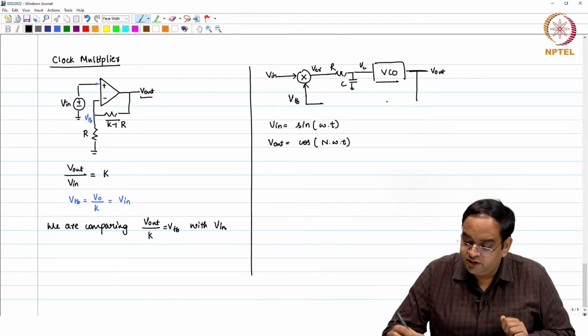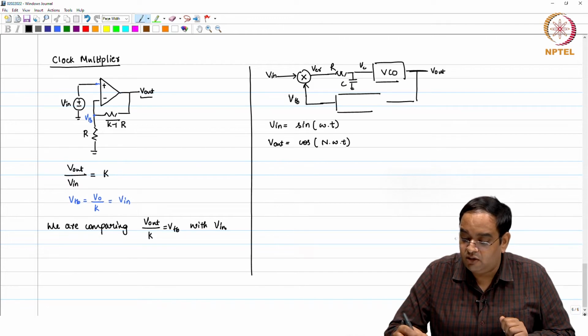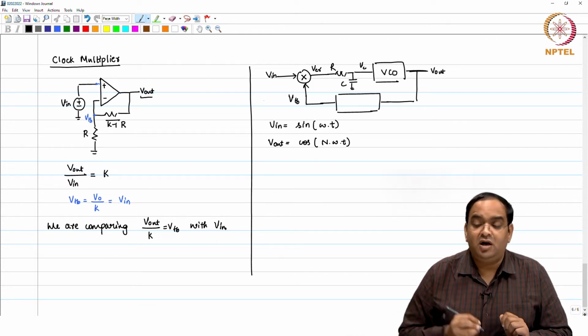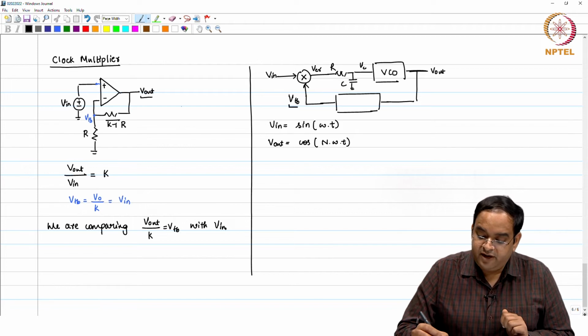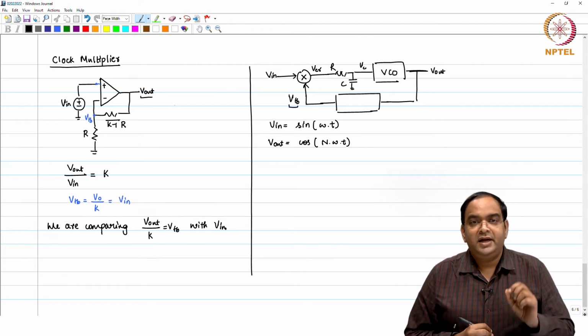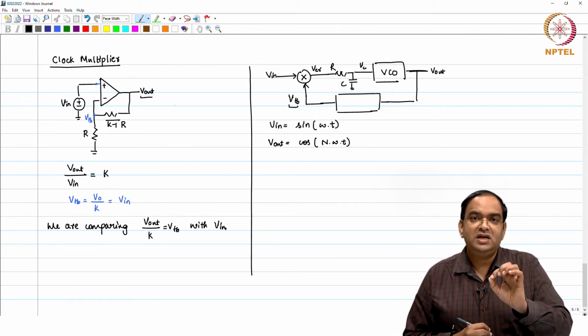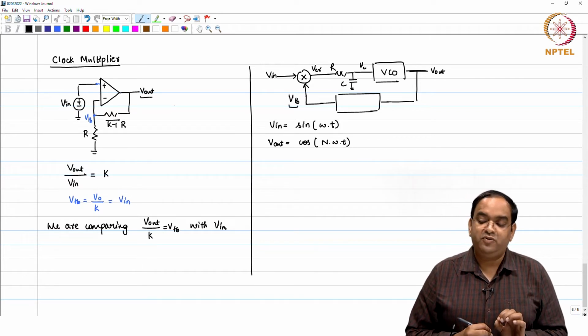If we cannot make this connection, what do we need to do? We need to find a block, somehow, which we do not know right now how, so that the feedback signal has a frequency equal to the input frequency.